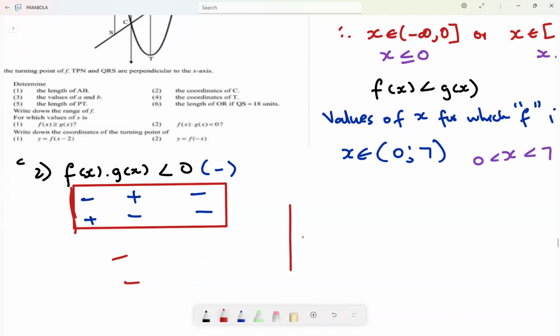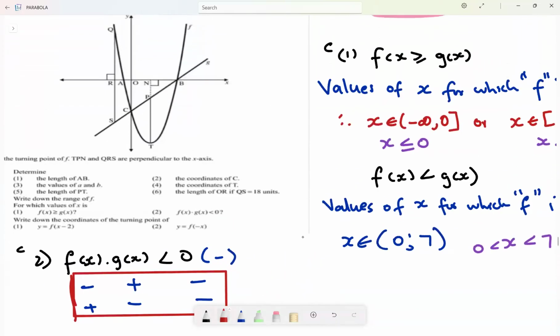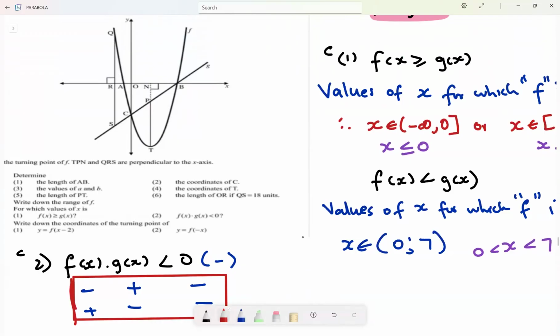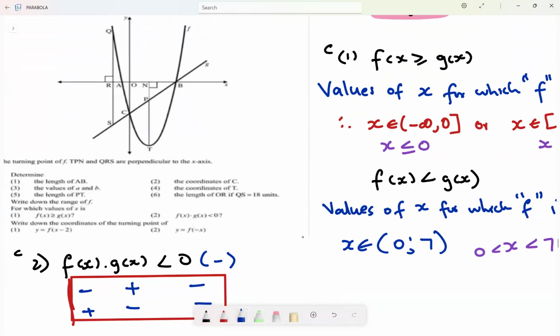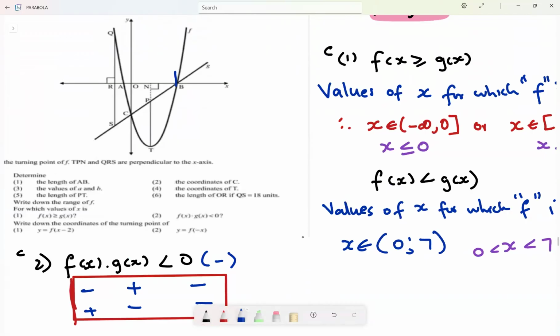Remember we have above the x-axis, the positive y, and below the x-axis, the negative y. For these types of question that have multiply, I want you to cut your graph strictly on the x-intercept.